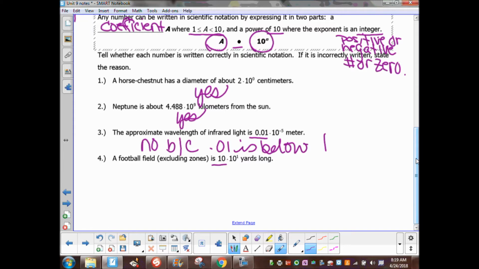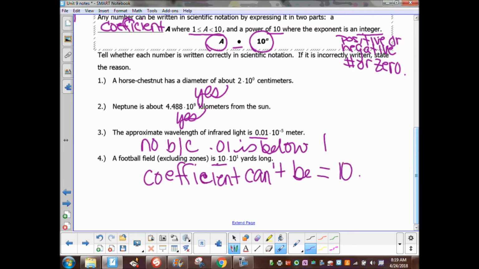Can it be 9.9999? Yes, that's somewhere between 1 and, but not including, 10. The coefficient can't be equal to 10. So this is no.